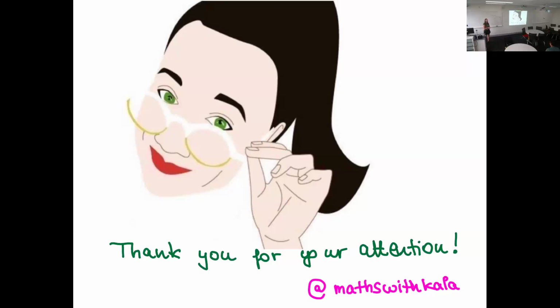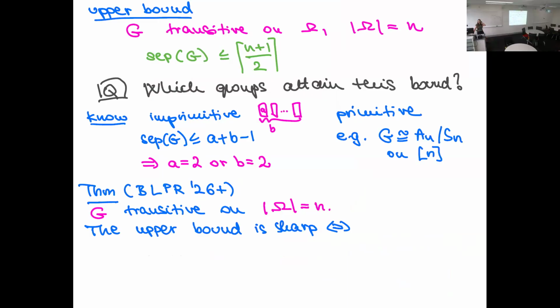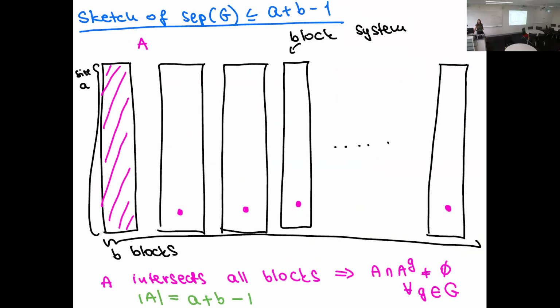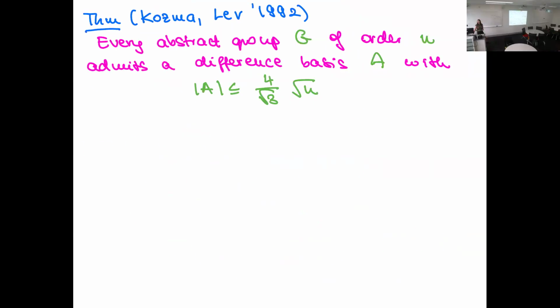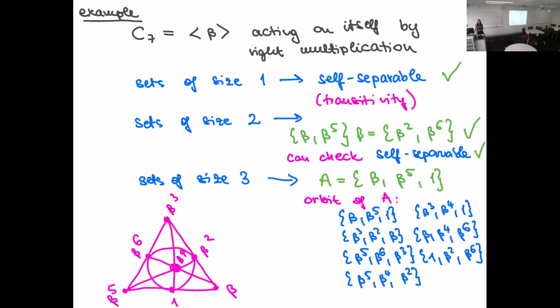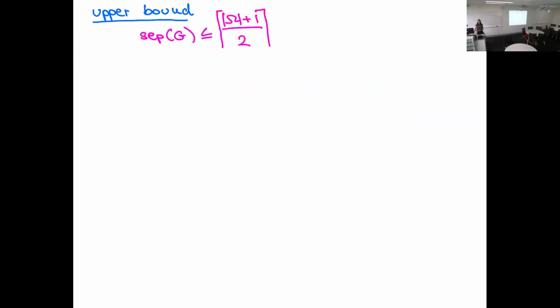Okay, but now more seriously, could you go back to the slide defining the self-separability? I'm just trying to wrap my head around it. It might take a while. So the condition is that A and AG must be disjoint for some element G in your group. But I'm trying to somehow understand this.